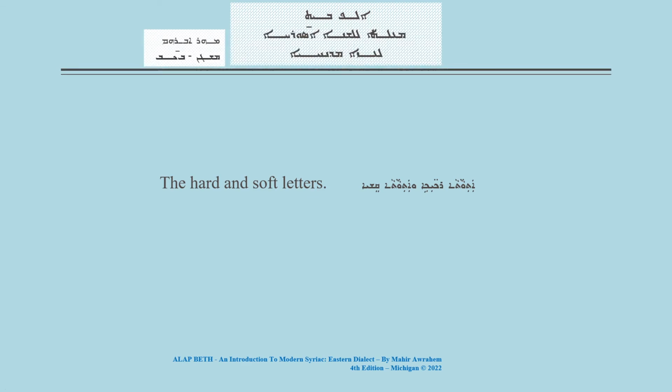The hard and soft letters: if you are using the page size 9 by 7, this topic is on page 67. As we mentioned before, we have 6 letters. They change the sounds when we have a dot underneath the letter.